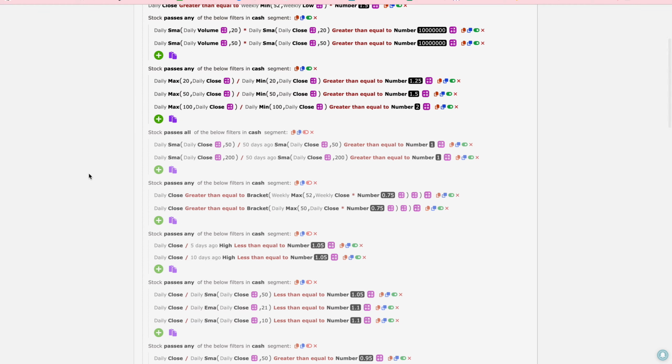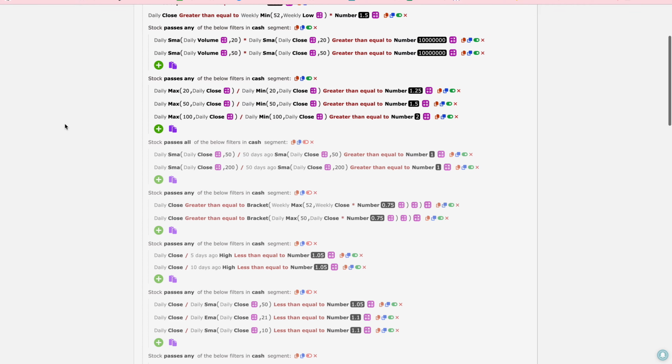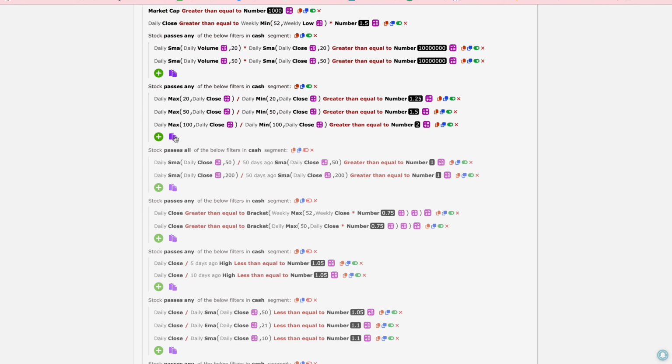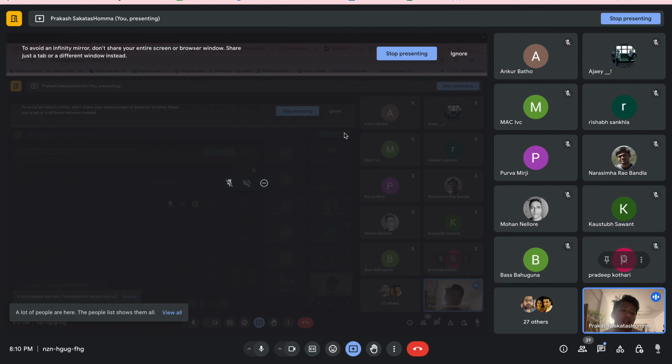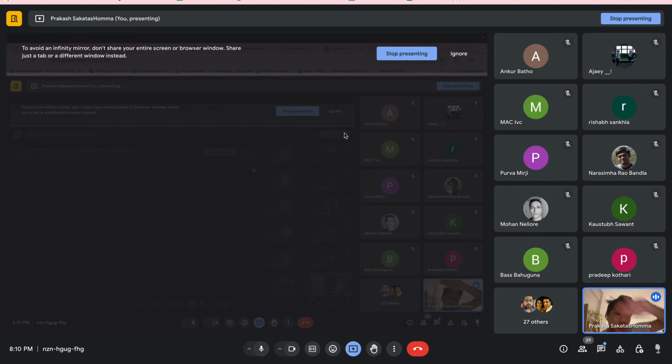All right, so moving on, what is the next segment here? Now you will see that there are so many stocks which will get picked up in this scan, but the stock is actually on a longer-term downtrend.